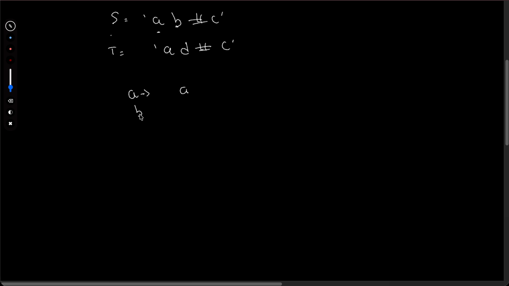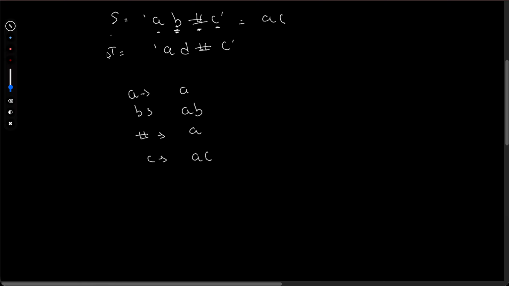Second is b, so the result becomes a b, and third one is hash, so this deletes b, so now it becomes a only. And the fourth one is c, so the result becomes a c. So the final result of S is a c.